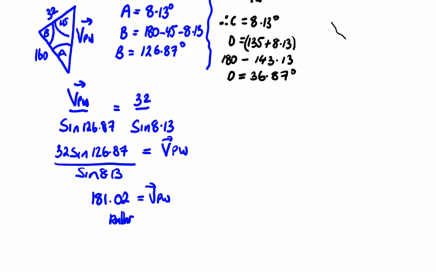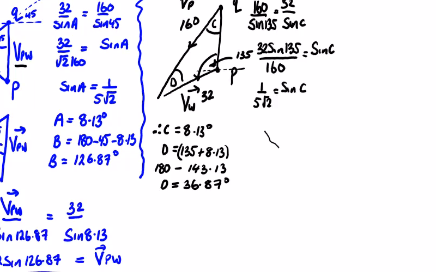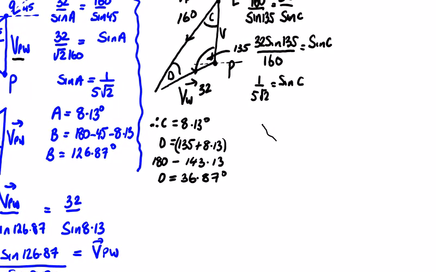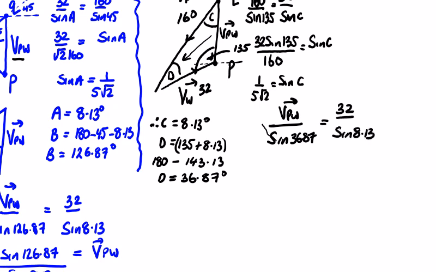And on the return journey, we're going to get over this side the velocity of the plane relative to the wind over the sine of the angle opposite, which will be D down here, over the sine of 36.87, will be equal to one of the other sides, 32 over the sine of C, sine of 8.13.